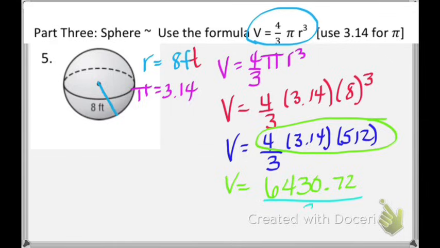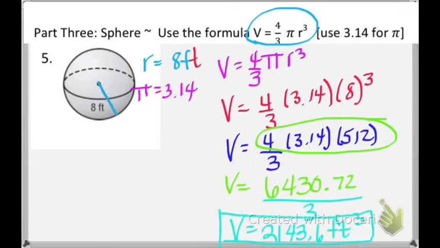So what I'm going to do is I'm going to divide by that 3. So when I do that, my final answer is 2,143.6 feet. And they are cubic feet as well because we have 3 dimensions here.